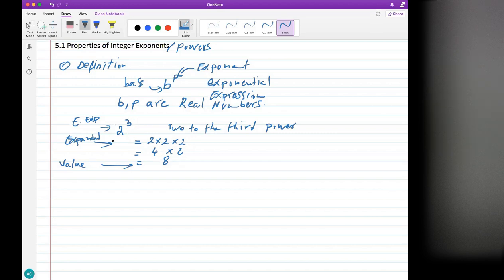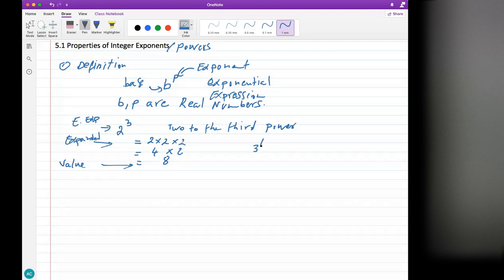So 2 to the third is the same as 8, is the same as 2 times 2 times 2, just written in different forms. Exponents are just an easier way of writing multiplications. Imagine if you have the power 10, for example. You don't want to write 2 times 2 10 times. Instead, this is a shorter version of it. It's the same value, so we prefer that over the longer expanded version.